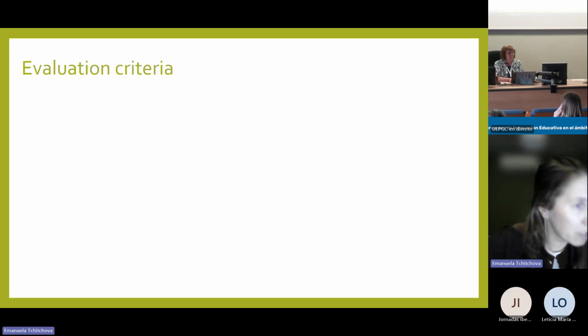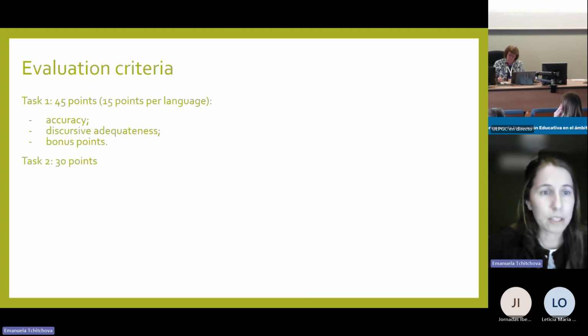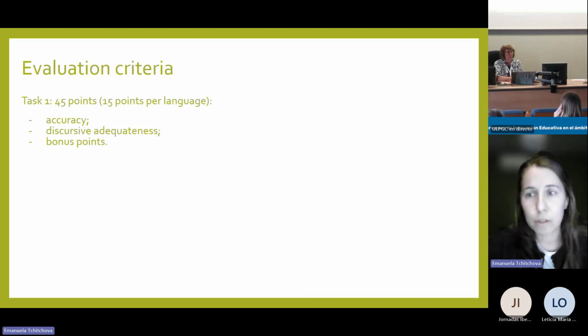So now we're focusing on the evaluation criteria, and so for the first task, the criteria were accuracy, the slogans' discursive adequateness, and bonus points were given for all the slogans that were creatively translated.